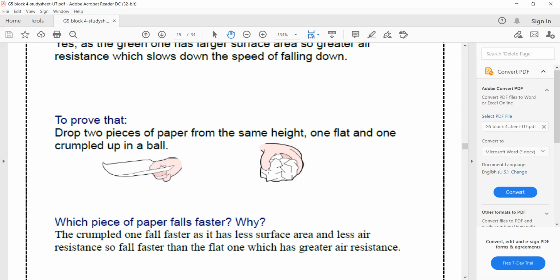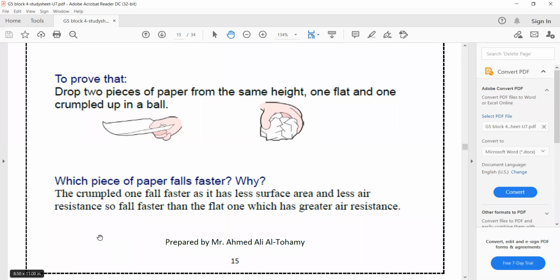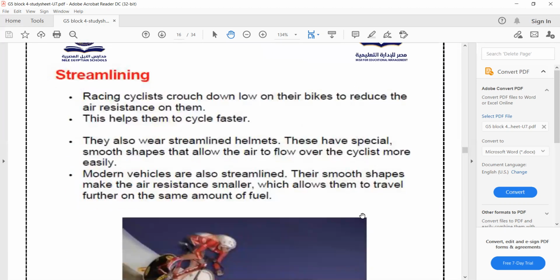And this one has the same mass, but it has a smaller surface area, so it will fall down faster than the first one. The crumpled one falls faster as it has less surface area and less air resistance, so it falls faster than the flat one, which has greater surface area and greater air resistance.